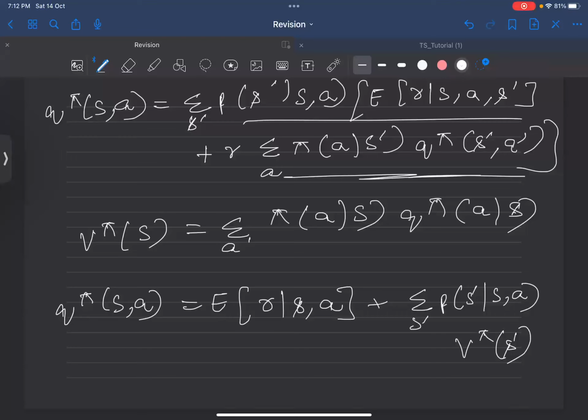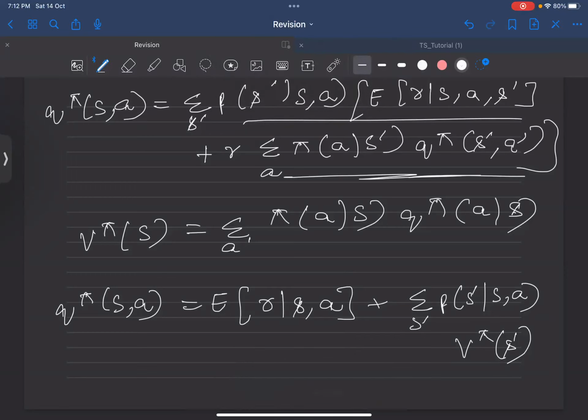These two are beautiful equations. Once we master them, we understand the whole lesson. If s and a are given to me as Q pi, then r, then what is the probability? I'll go to s dash and then the future one. Yes, it's correct.